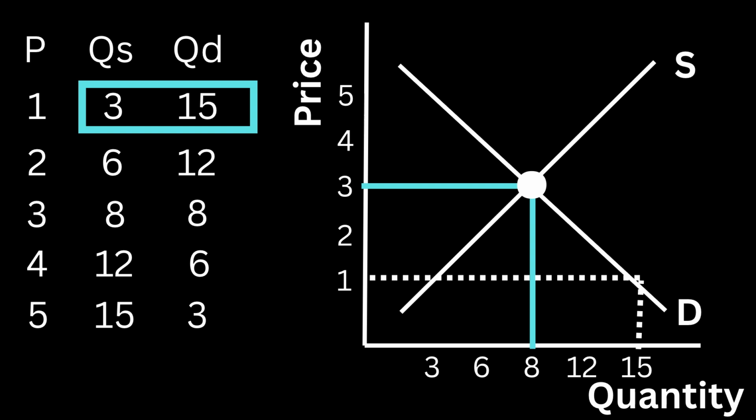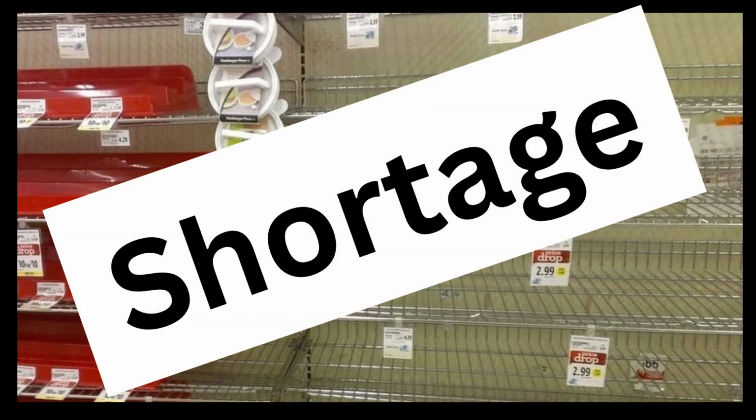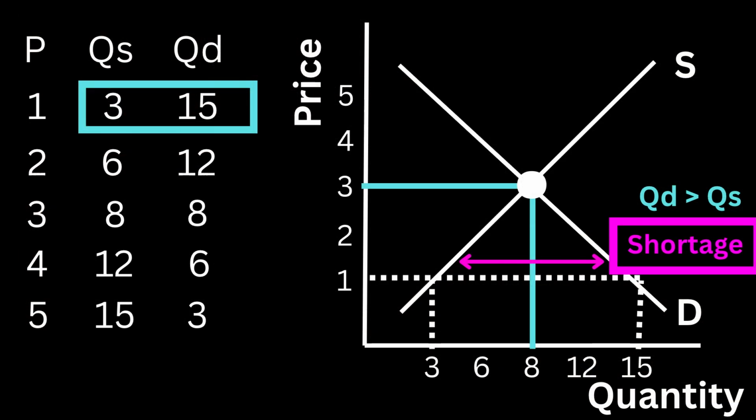This is represented with a lower quantity supplied at 3 units. Quantity demanded is greater than quantity supplied, and now suddenly shelves are clearing out. Products are running out fast, and just like that, we've got ourselves what's called a shortage. Basically, demand is higher than what's available, and that's why things disappear so quickly.